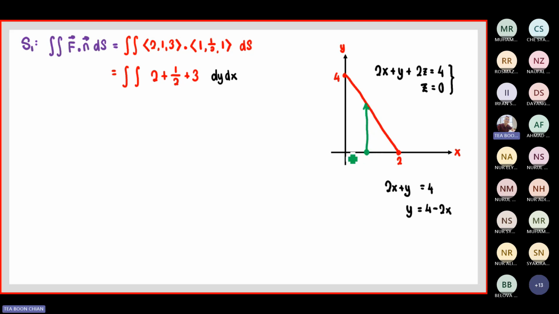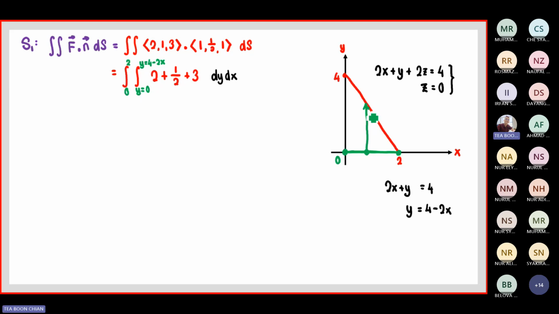This is the horizontal line y equals 0, moving up until you touch y equals 4 minus 2x. This movement from lower graph to upper graph is happening between x equals 0 and x equals 2. So the outer interval is 0 to 2.